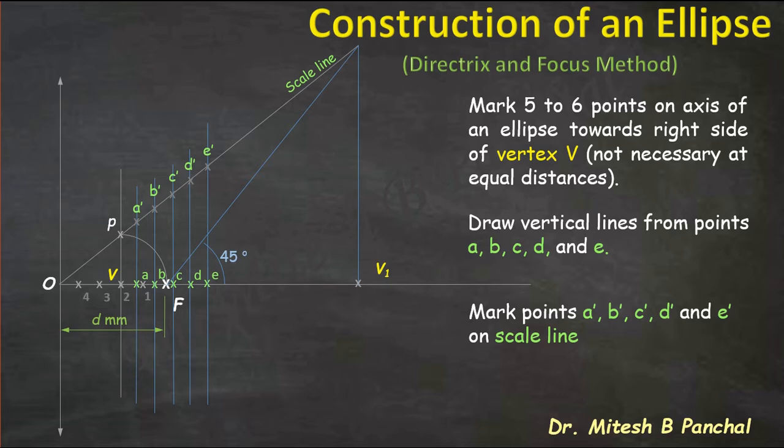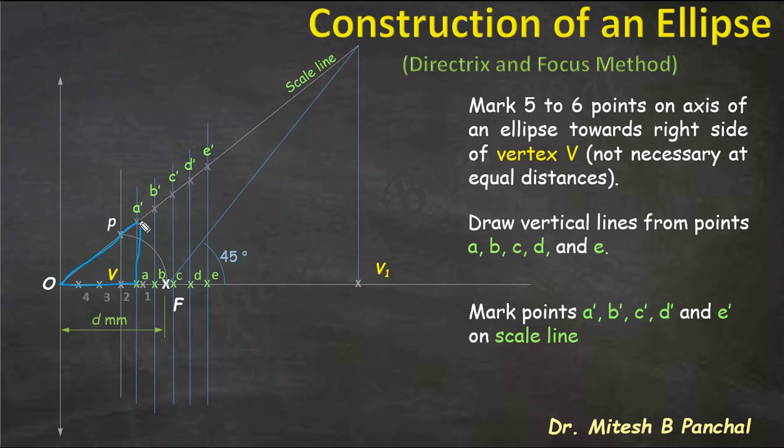Consider triangle O A A dash. As I already told you, this scale line has a slope equal to eccentricity.